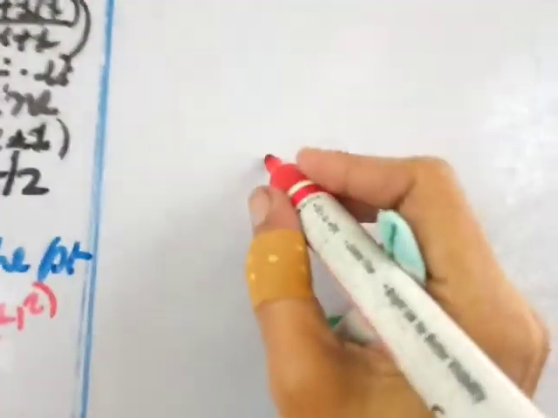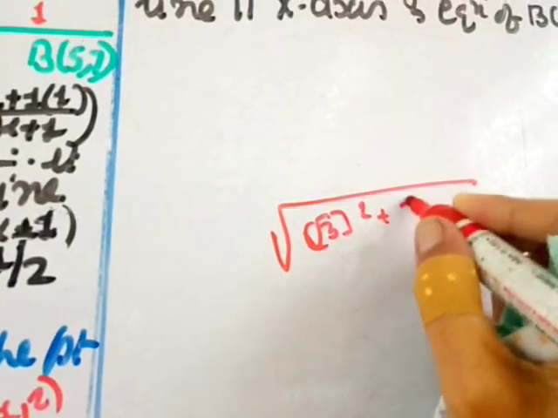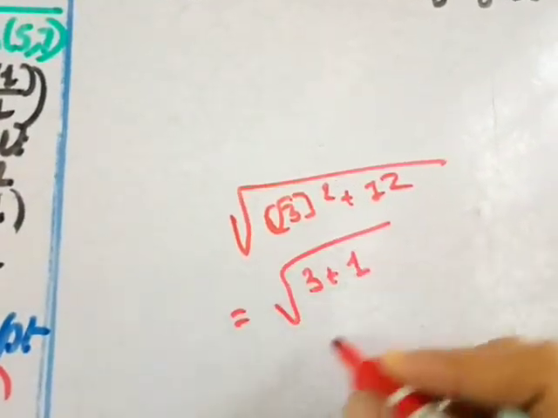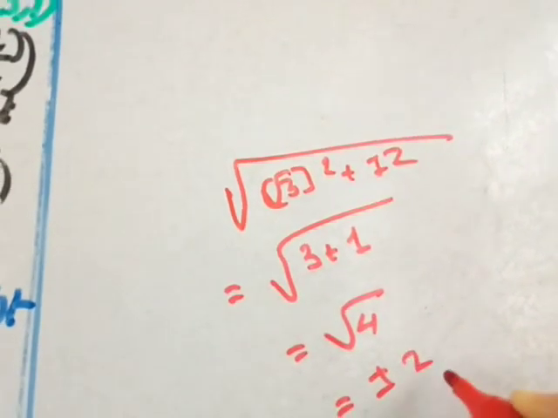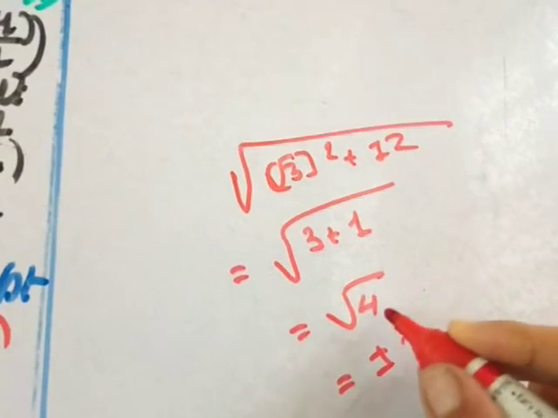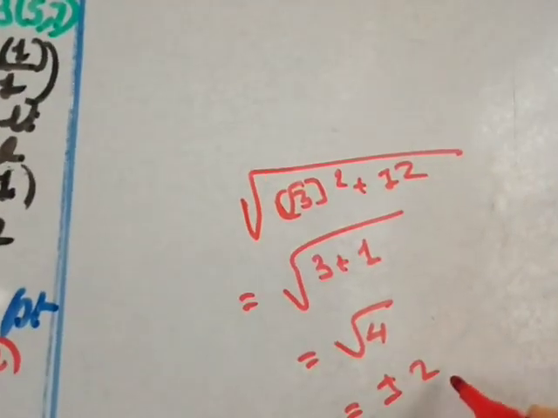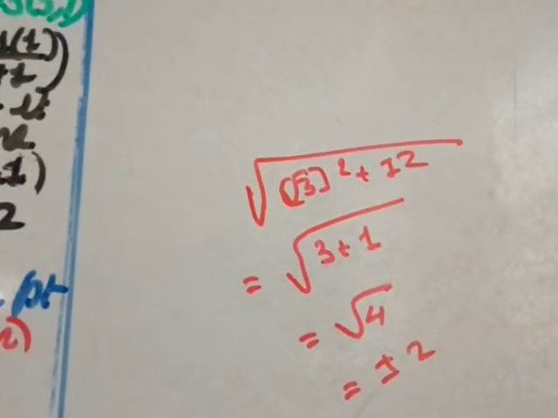So if I find the square root, then you can write it as root 3 square plus 1 square. So root 3 square is 3 and 1 square is 1, right? And this gives you root 4. If you take a square root, you will get plus or minus 2. So the value will be plus or minus 2, or we can just simply say 2, because plus or minus is already there according to the given question.